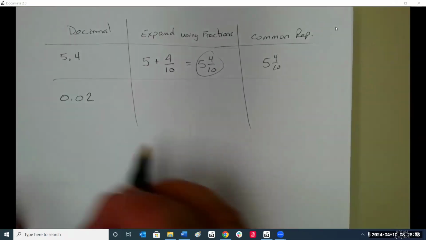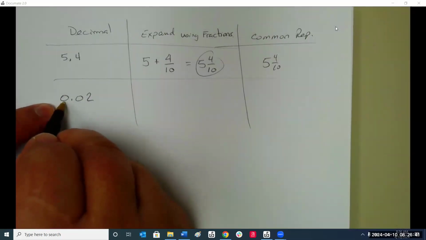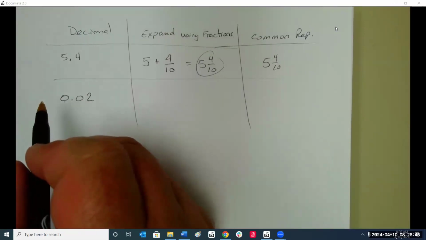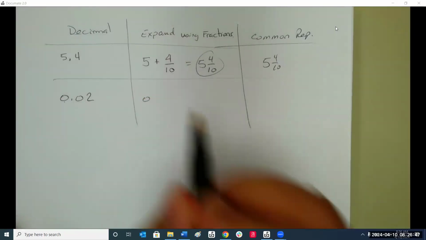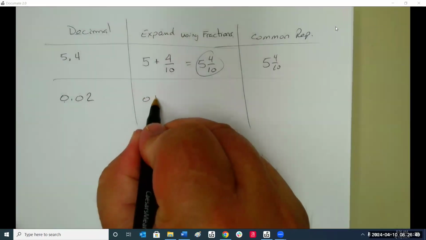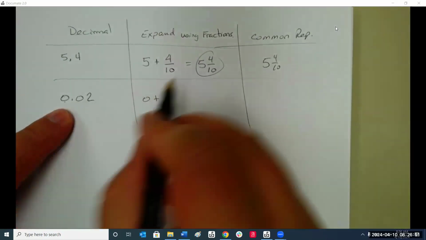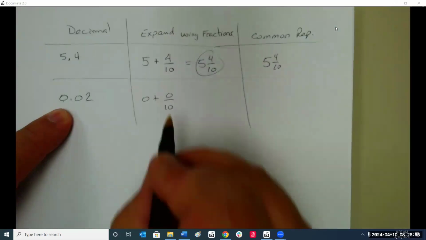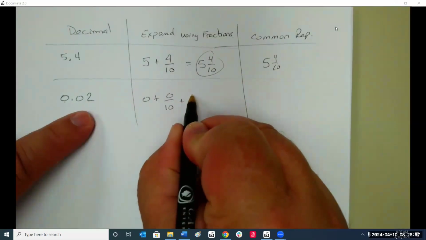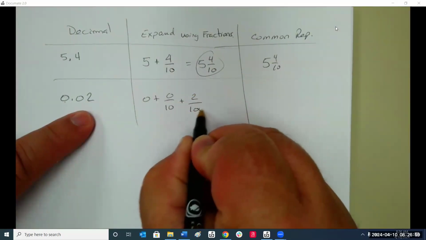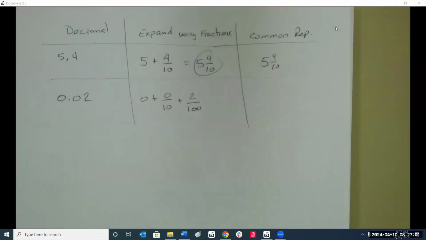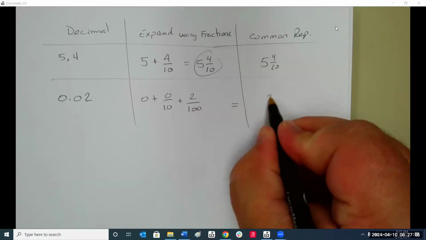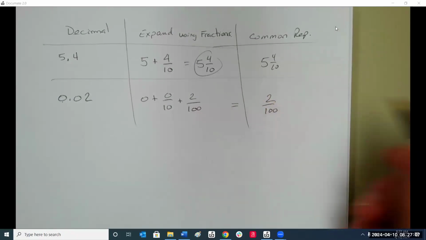Start with the first number. That's why you always put a zero in front of the first decimal if there's nothing there. So it's 0 integers. And this first one is the tenths. We have no tenths. And the next one is 2 over hundredths. So that one equals 2 over 100.